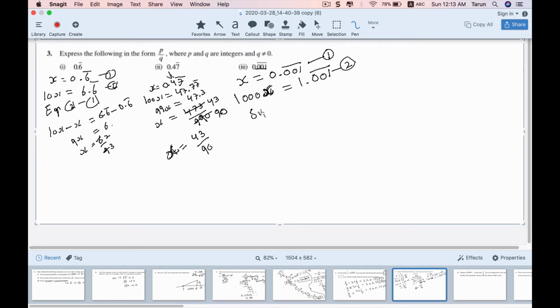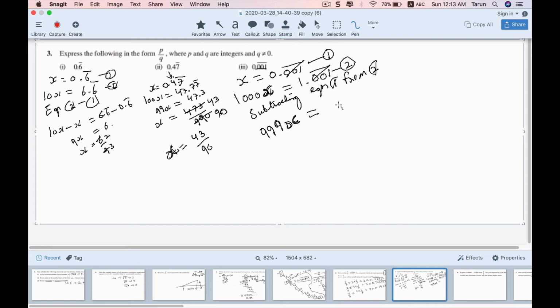Subtracting equation 1 from 2, we get 999x is equal to, now this and this will get cancelled out.